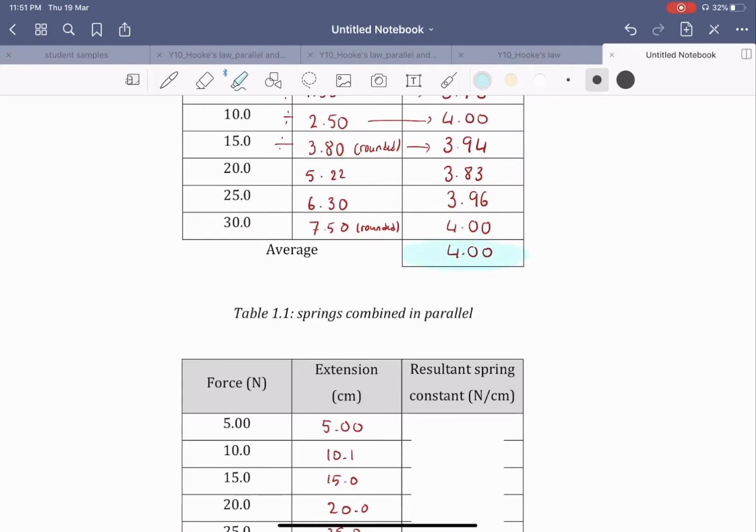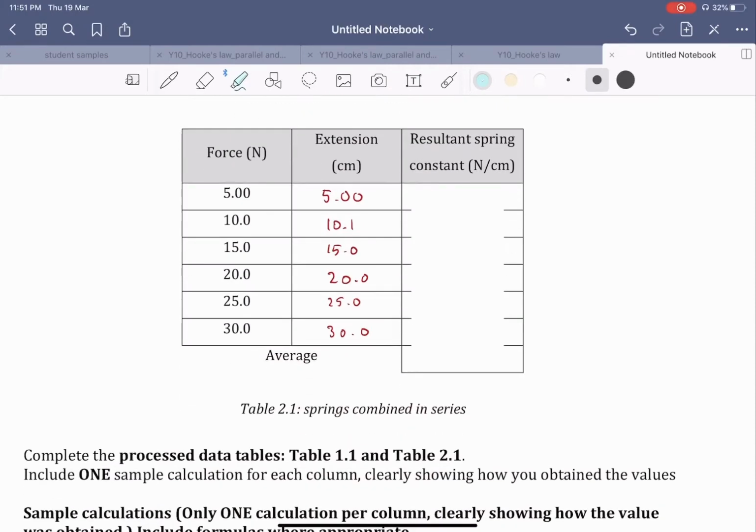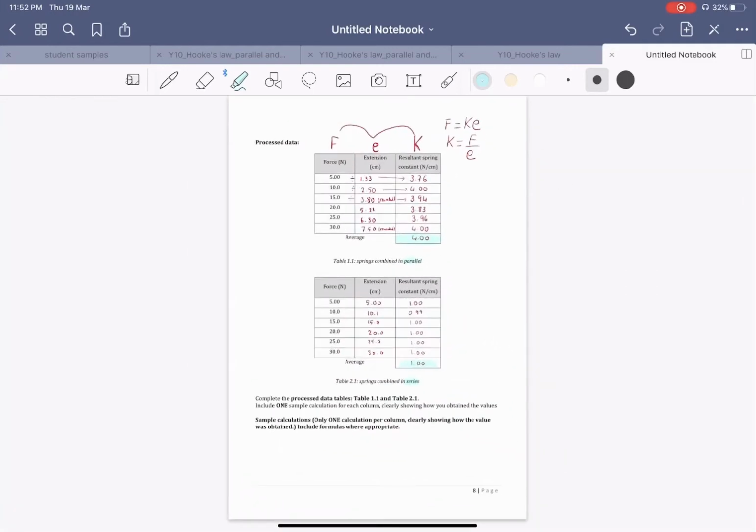We want to get this for parallel, and then we do the same exact thing, remember, for the series, and this is what we need to get for series. Okay, so that's the point of the whole investigation. We want to get the resultant spring constant when it's arranged in parallel and the resultant spring constant when it's arranged in series, starting with a K original of 2 Newton per centimeter.